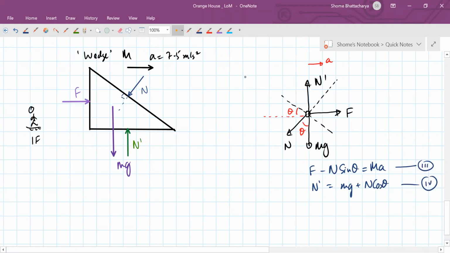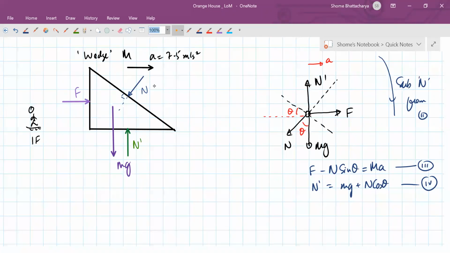Now what we'll have to do is, from above we'll have to substitute the value of N from equation 2. Okay. So we can always do this and we'll get the answer, there's no problem, but it's a little bit more lengthy.